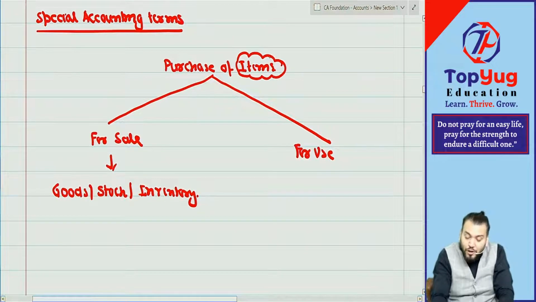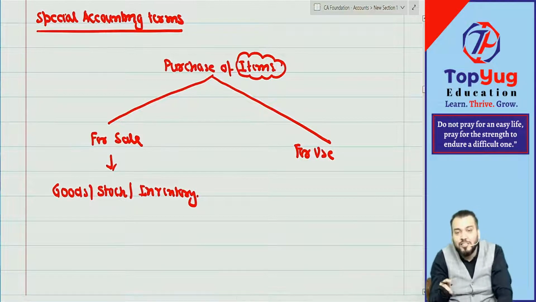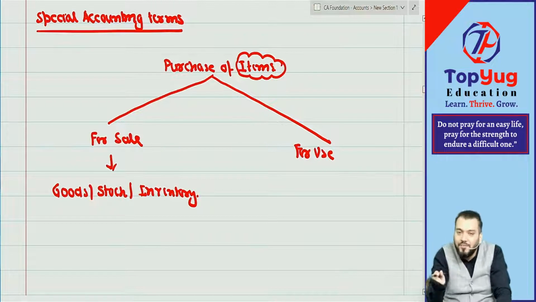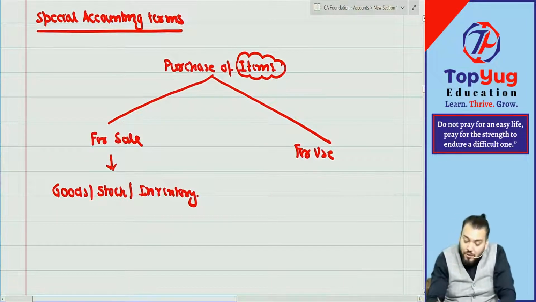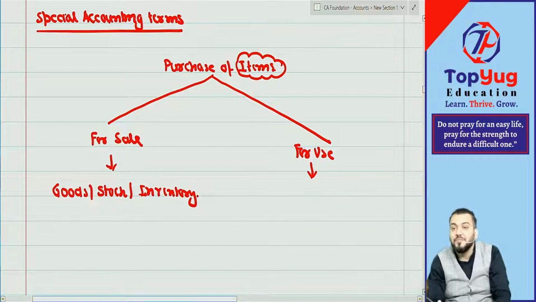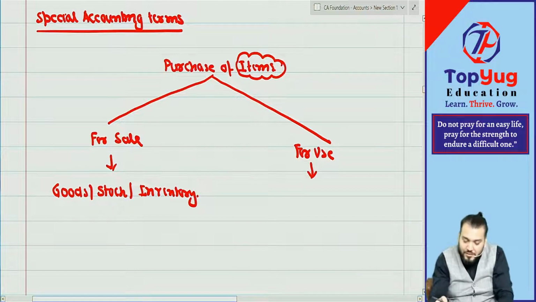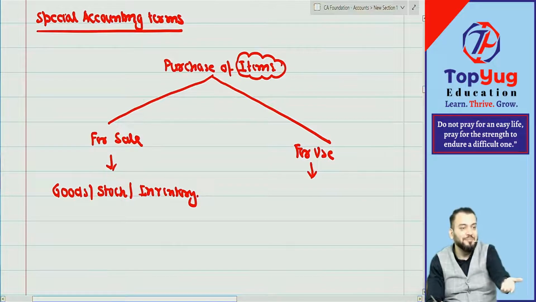First you find out what is the intention of this purchase. If it is for sale, it will be known as either goods or stock or inventory. Now, if it is for use, then we'll call it what? Everything is an asset only. We are purchasing an asset because benefit will be derived.